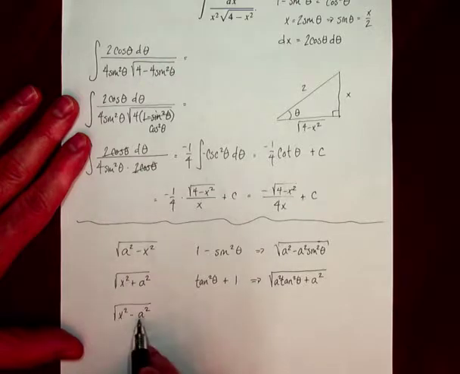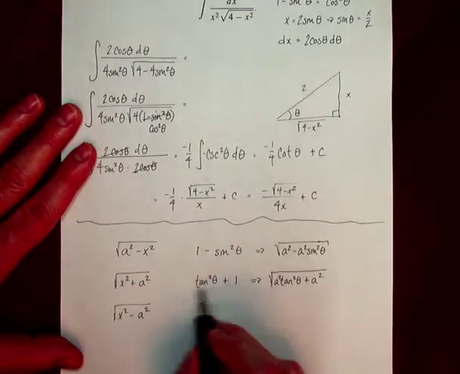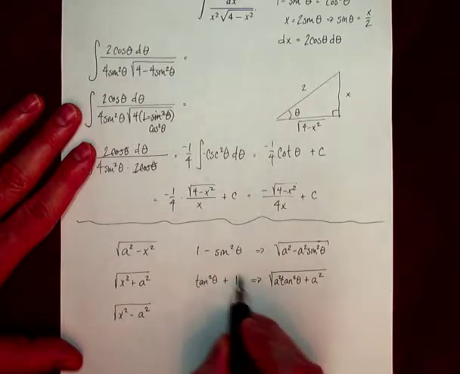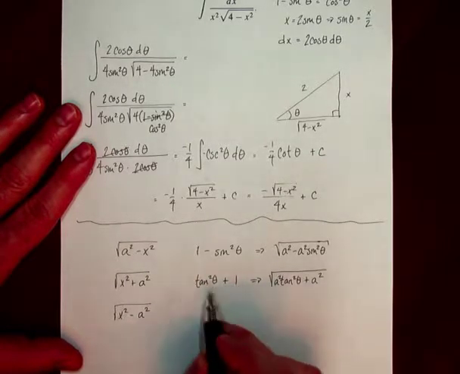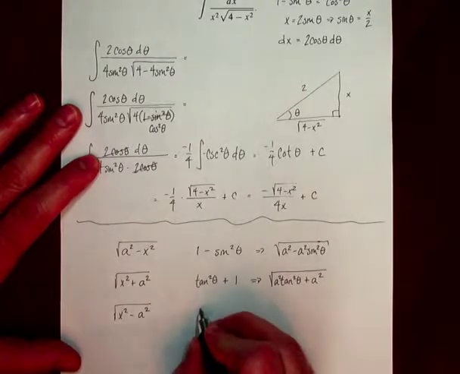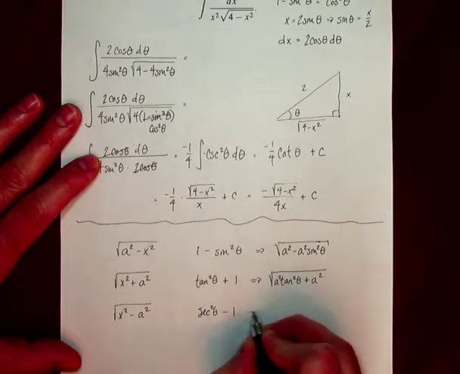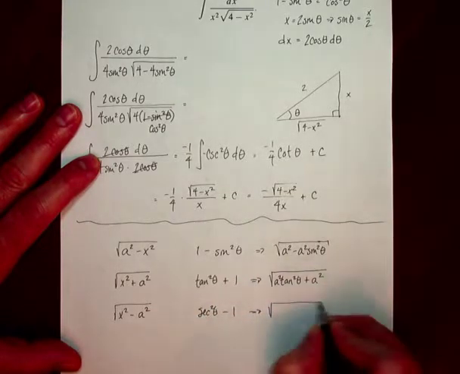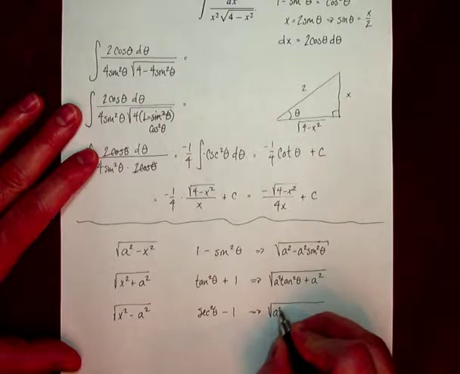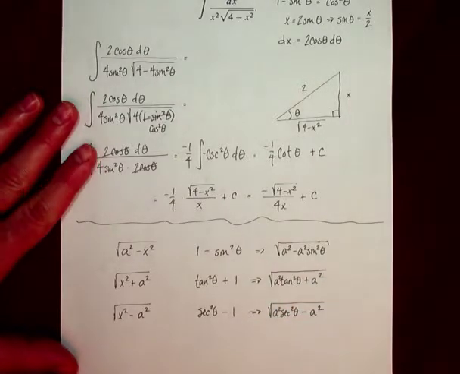But these two are actually distinct. On this one, we're actually going to use the same Pythagorean identity. We're just going to use a different form of the tangent and secant one, and we're going to use the secant squared theta minus 1 such that the radicand can become a squared secant squared theta minus a squared.